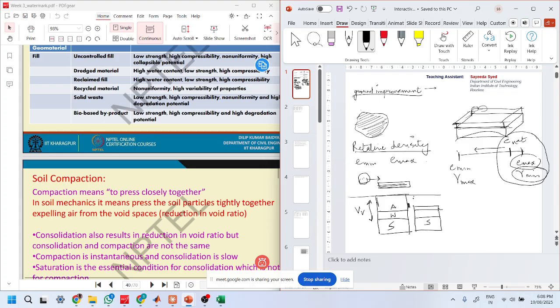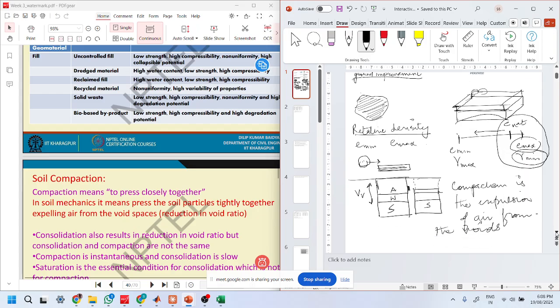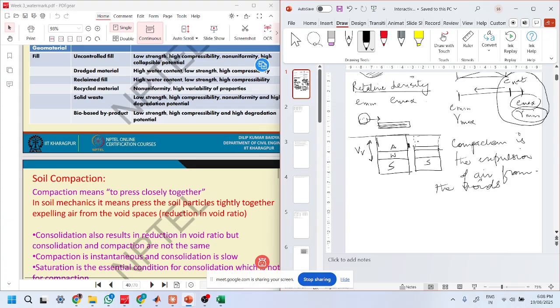So we can say compaction is basically expulsion of air from the voids, or reduction in volume of voids. On this basic level, this is what we need to understand when we are studying it. This is the concept behind compaction.